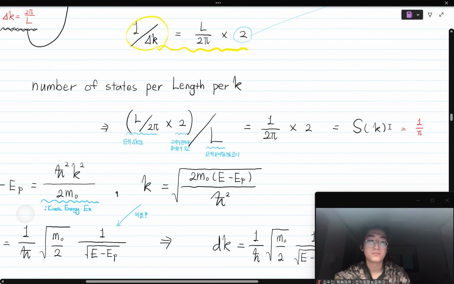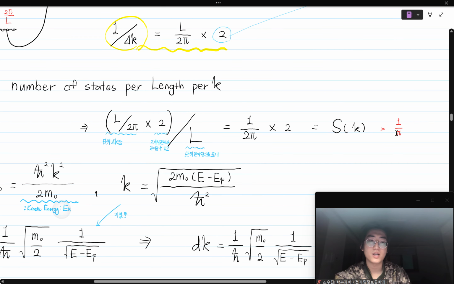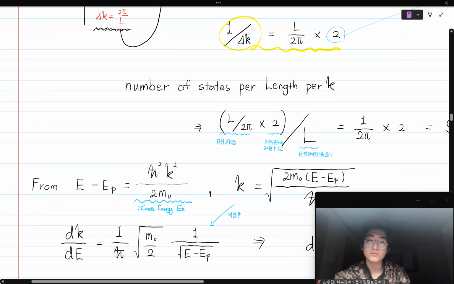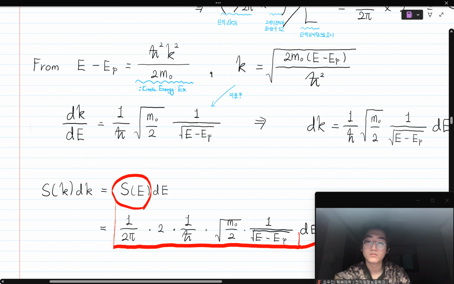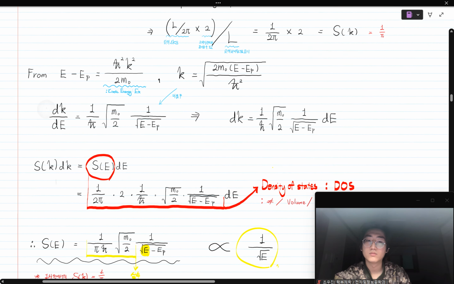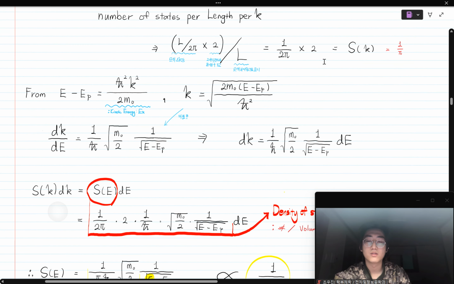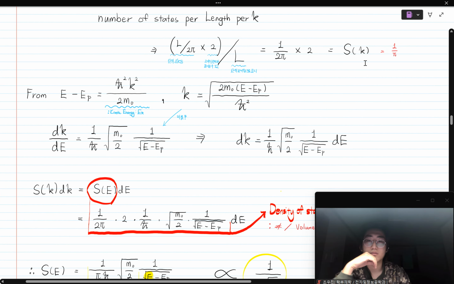SK equals 1 over pi. This SK is a constant.